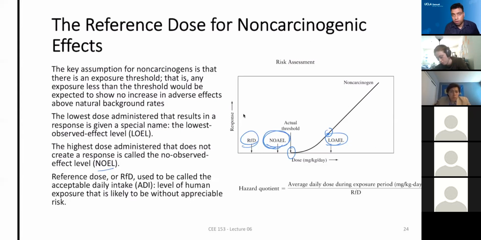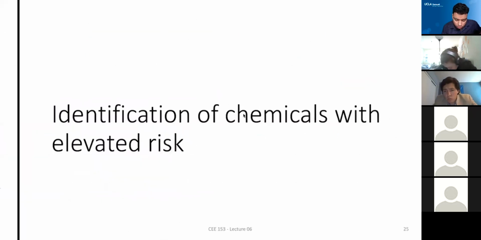Arbitrarily they choose it lower just to be safe, and then they use that concentration to determine the amount of hazard you are going to be exposed to. So this is just extrapolating and staying on the safe side. Okay, so that's all in terms of the risk calculations.